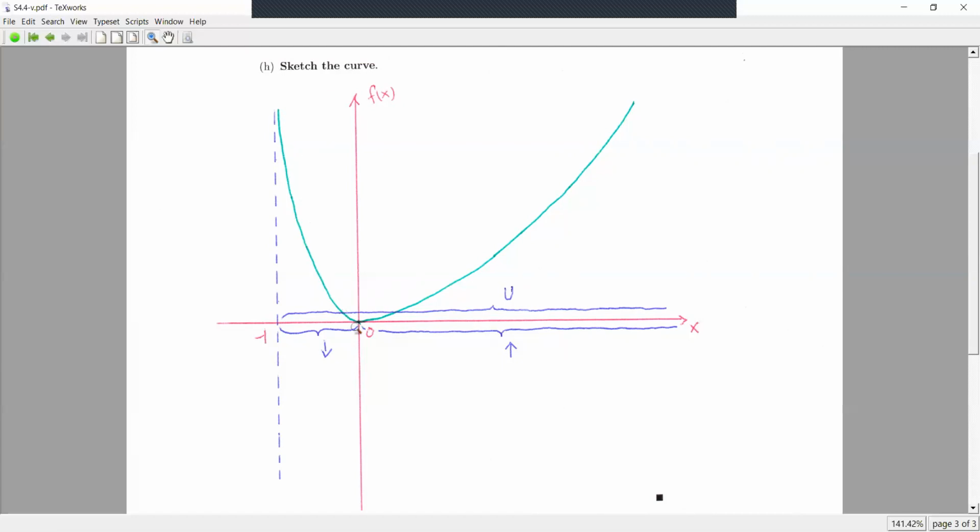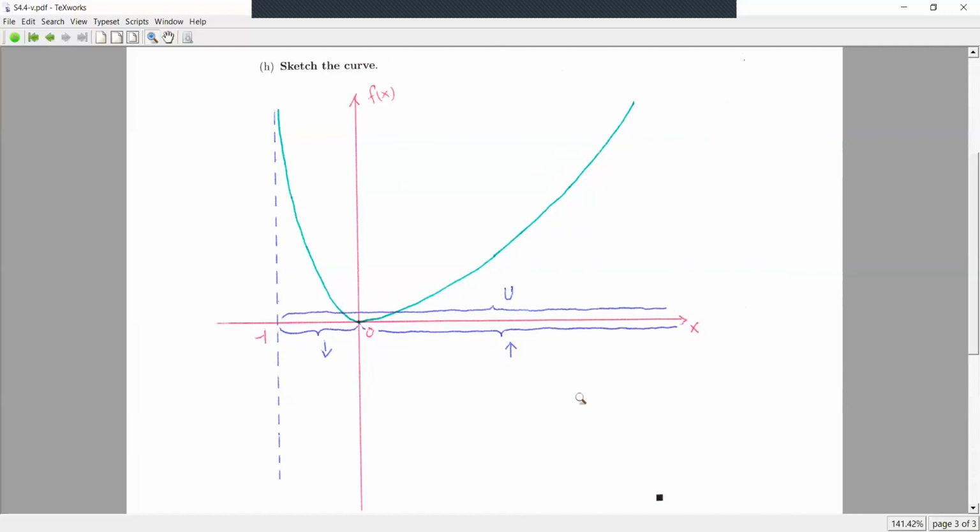When x approaches -1 from the right side, the graph should be closer and closer to the vertical asymptote. Second piece, 0 to infinity, the graph is increasing and concave up. So the graph looks like this, increasing, concave up.